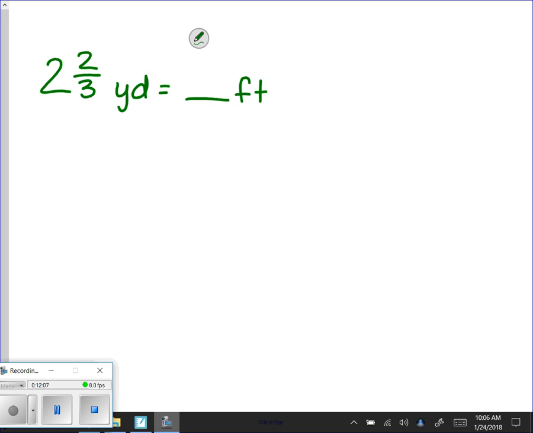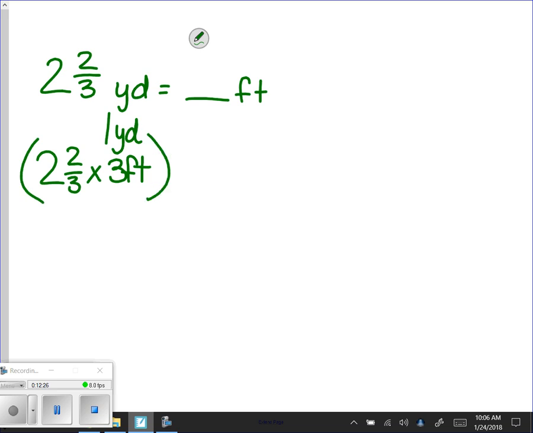So 1 yard, and I'm turning that into 3 feet. They're together, so I need to multiply. Can I multiply that?